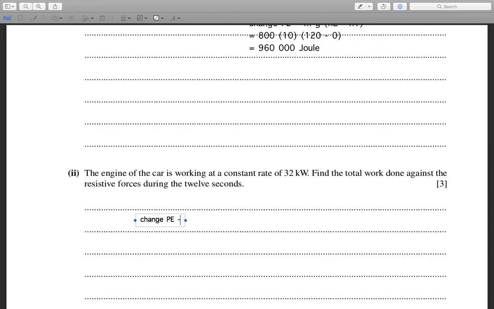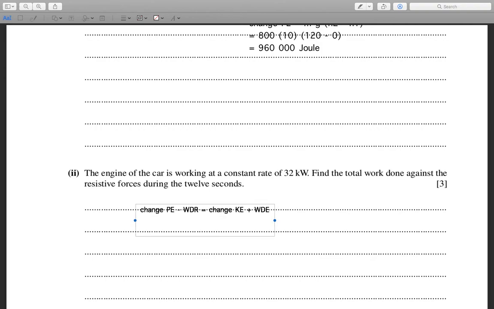Potential energy minus work done by resistive force equals change in kinetic energy plus work done by engine.